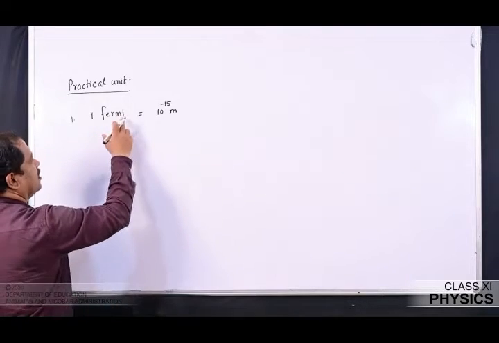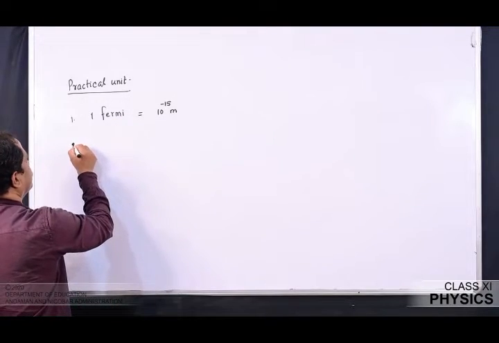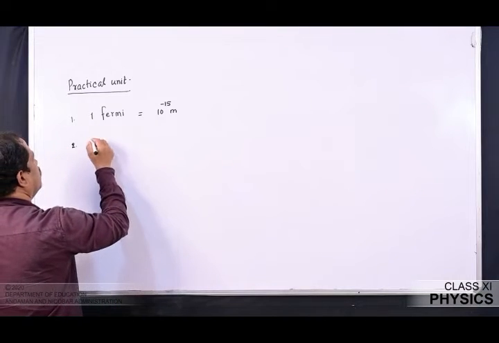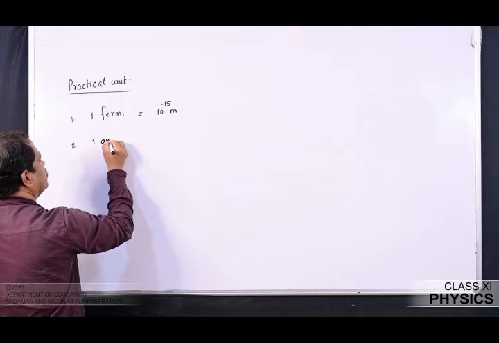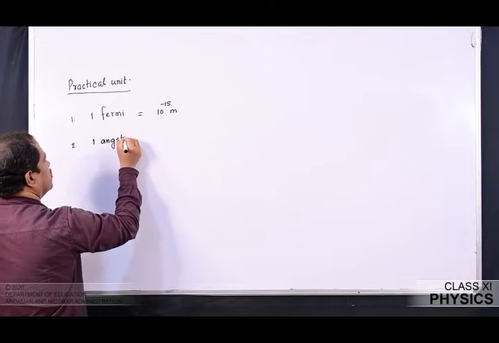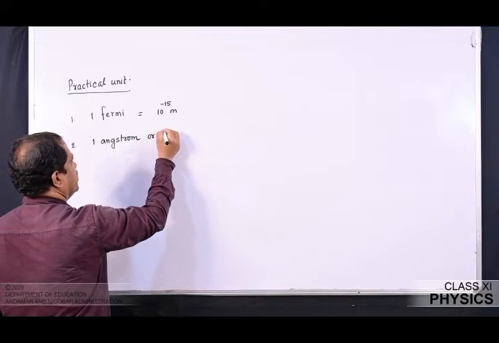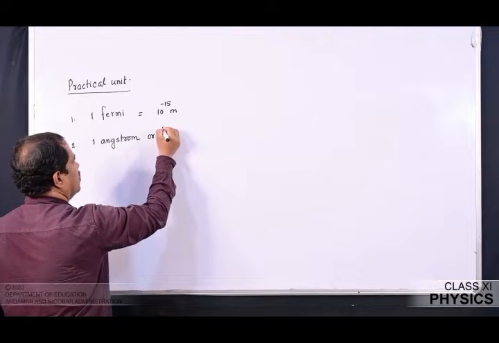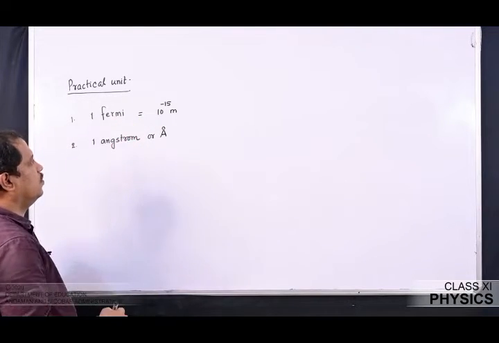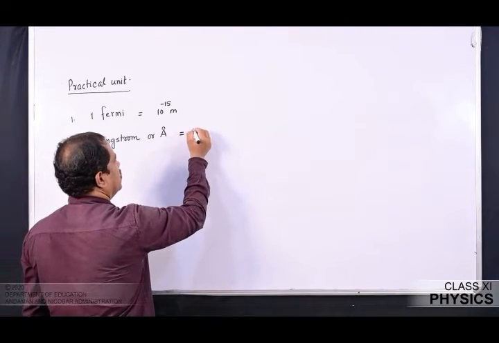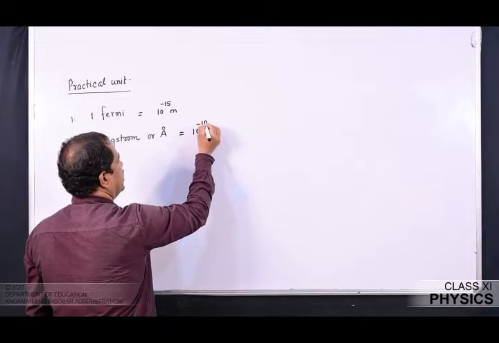In short, it is written as small f. Next, you will come across 1 angstrom like this, and in symbols it is written as A with a circle at the top, like this, 1 angstrom, and this is equal to 10 power minus 10 meter.